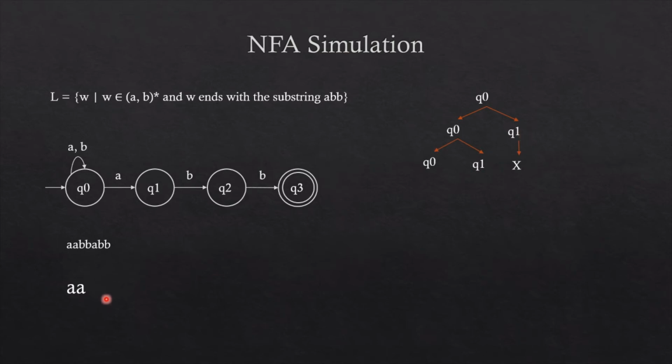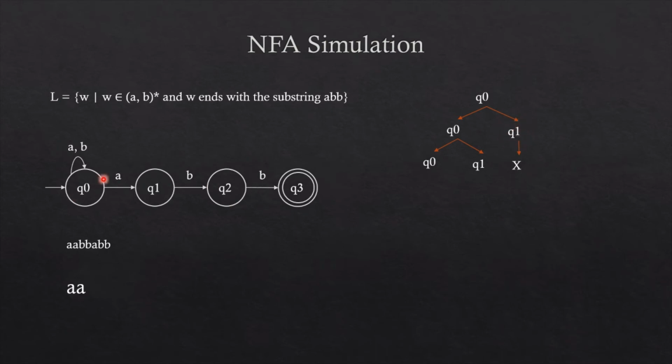And the second symbol is A. So we have to consider transitions from all the states that were reached. So we have one flow going from Q0 and one flow going from Q1. From Q0, see, this is the reason why we left a flow here, because after this A, we saw another A. So this flow was interrupted, the flow that was going on from Q1.